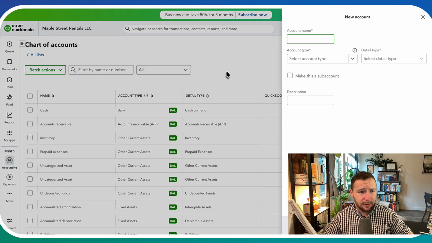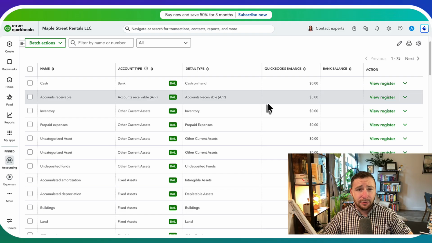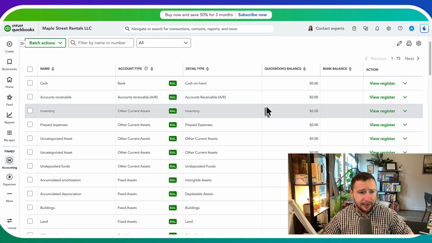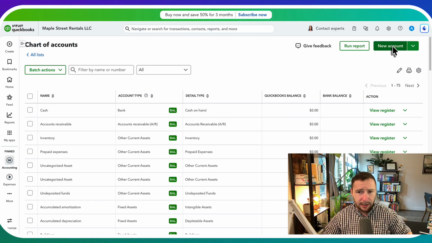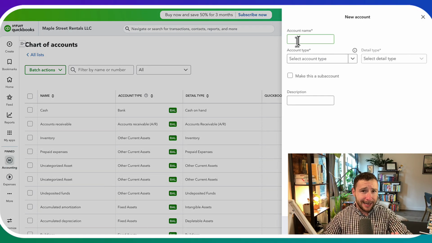So for example, let's say in this rental property service, they own that multifamily house that I mentioned earlier. And because in real estate, property can be a form of an asset, if it's intended on being sold in the future, it can be treated as inventory, especially with flips. Let's say we're going to create an account, and this isn't necessarily how I would do it with my real estate investing companies.